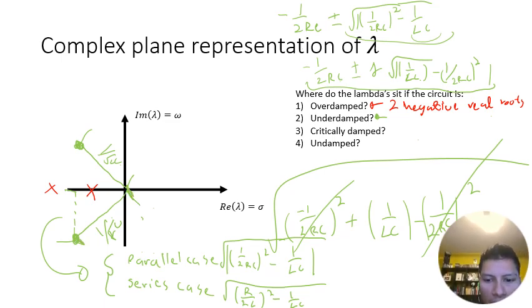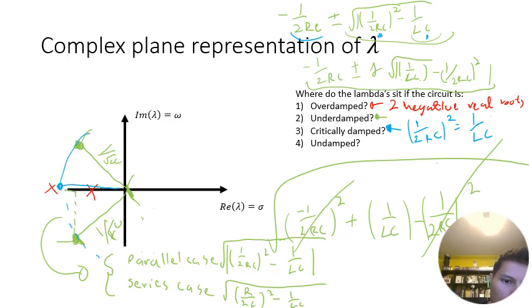And then finally, for the critically damped case, the critically damped case is when these two terms cancel each other out. You're going to have that basically (1 over 2RC) squared is equal to 1 over LC. So that means that your roots will actually be equal to this. So if you draw a circle, this should also be 1 over the square root of LC for both circuits.